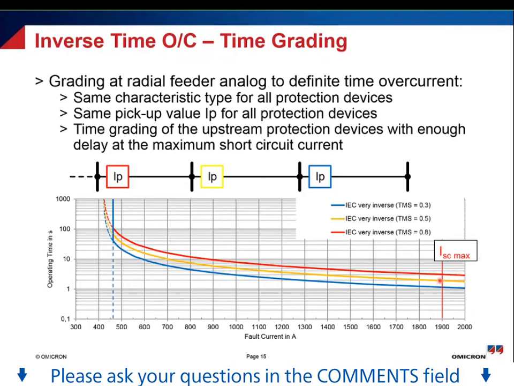The highest possible current leads to the shortest possible trip times, and there the time difference between both sides must be at least 300 to 500 milliseconds. With this you can do your time grading, and then you know that there is enough space between the characteristics and you can do your overcurrent grading. Here are, for example, different time multiplier settings with 0.3, 0.5 and 0.8.